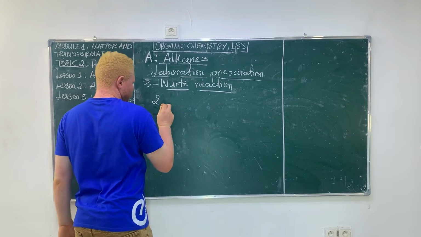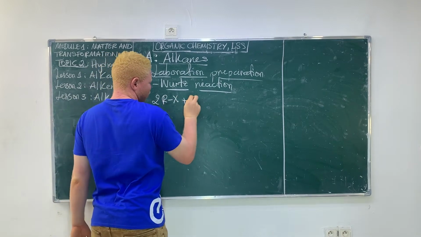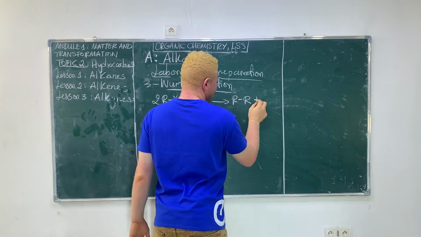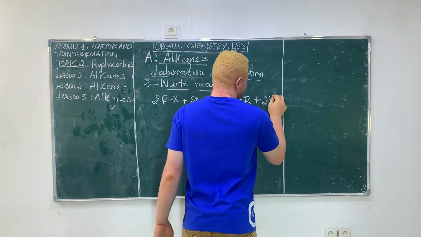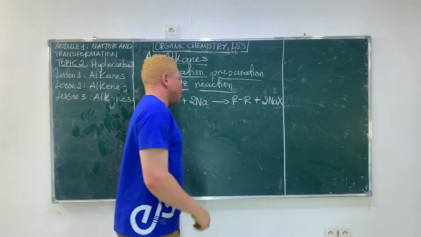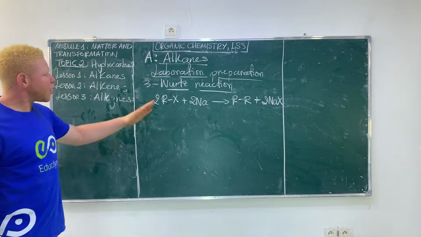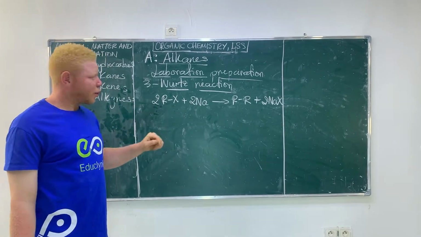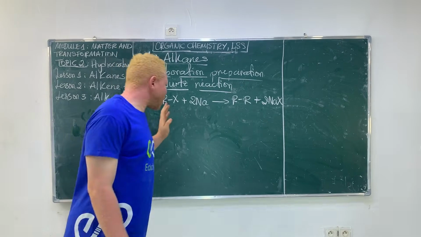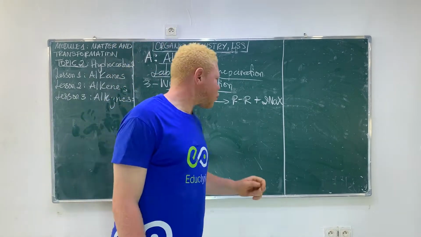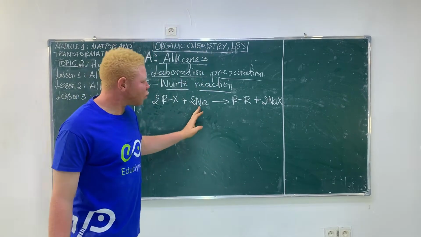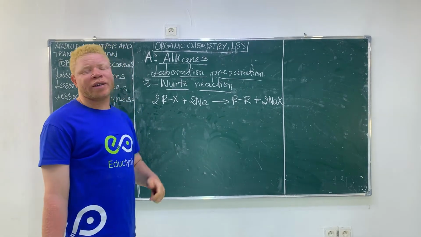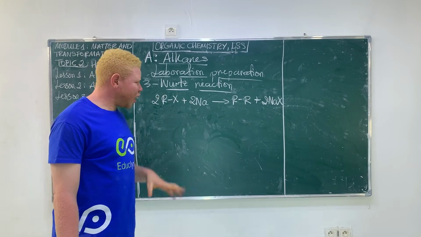The general reaction is 2RX plus 2 sodium giving R-R plus 2 sodium X. What does that mean? R stands for an alkyl group. In fact, this reaction deals with a haloalkane. So 2RX plus 2 sodium giving R-R plus 2NaX. The R groups are equal, they're the same. So this is just a general reaction.